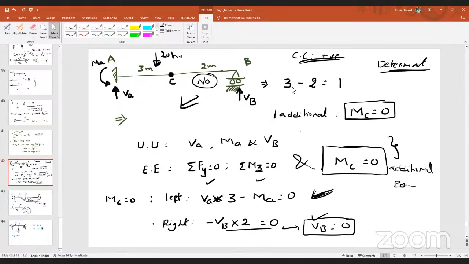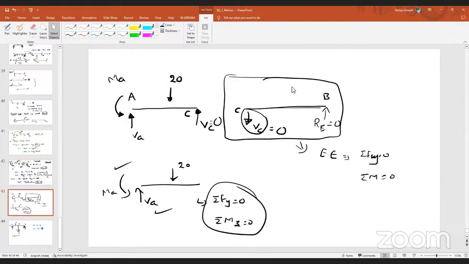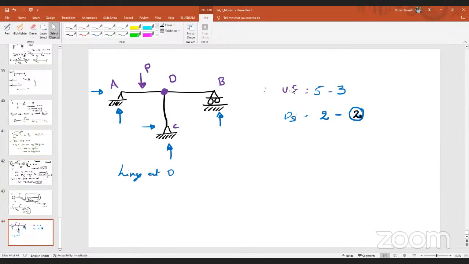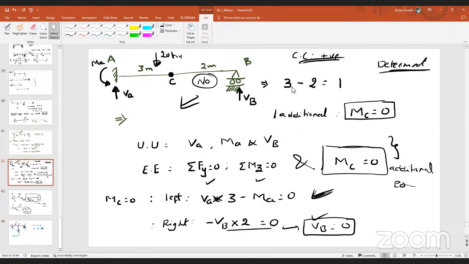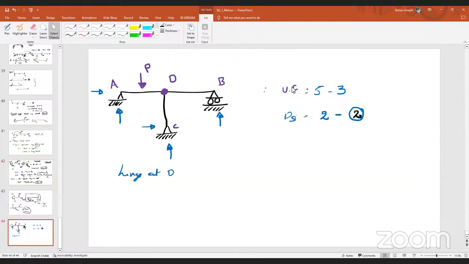But here, didn't you get the question that 3 members are there? Why can't I consider two additional equations? Why should I consider 2 here? Sir, there are 3 members at point D. Okay, there are 3 members at a point, but the question is why?